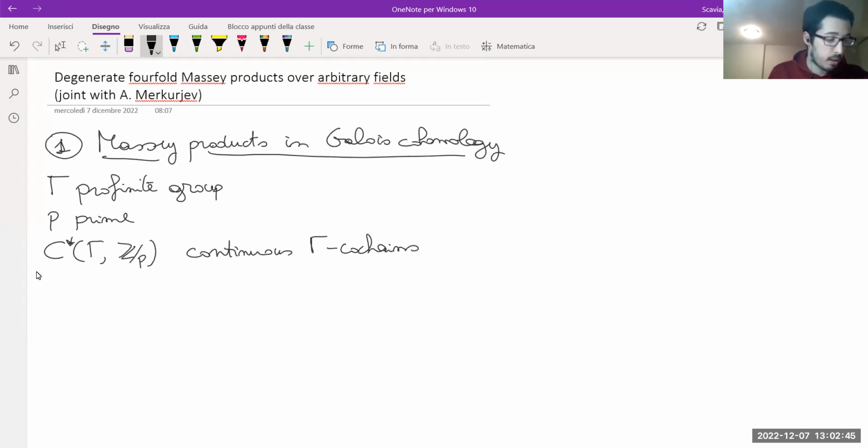This is a DGA whose cohomology I denote by H star of gamma, Z mod p, and this is the usual profinite group cohomology of gamma. And then n will be an integer, at least 2.